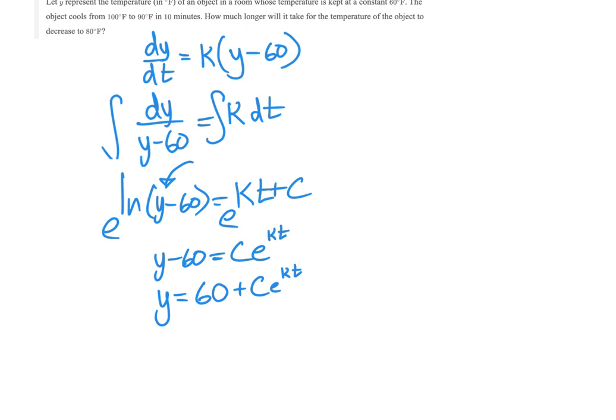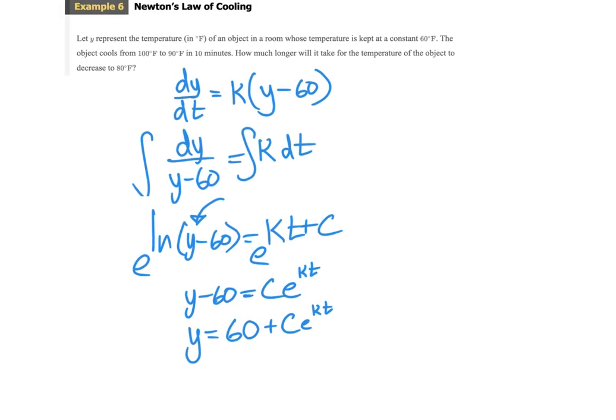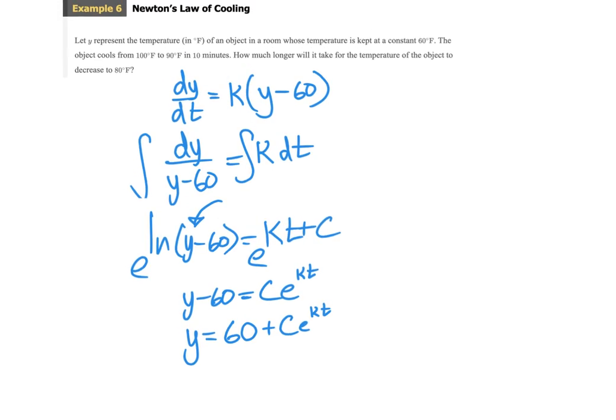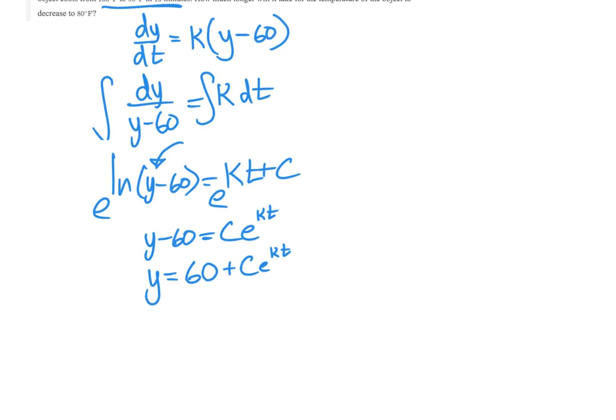Now this is our formula. So when we have 100, we know 100 to 90 in 10 minutes. Before we do that, we've got to figure out c. When time was 0, y was 100.